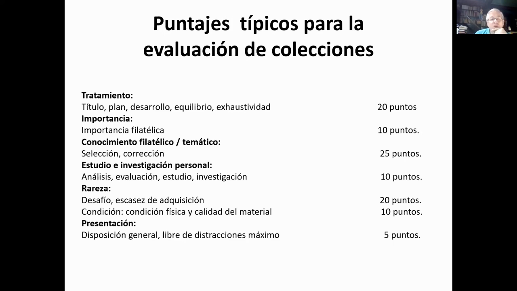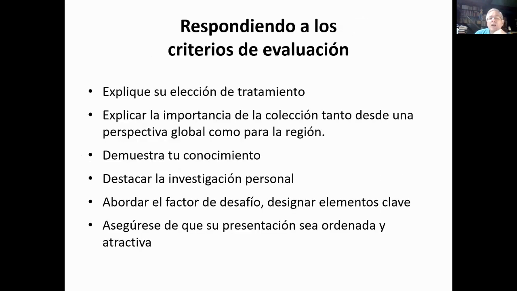One of the things which many people have done successfully is, on their title page, to in a sense give a question and answer to those different judging categories. They've responded to each of those categories with a brief statement justifying, at least in their own mind, why they should get a high score on those different categories.